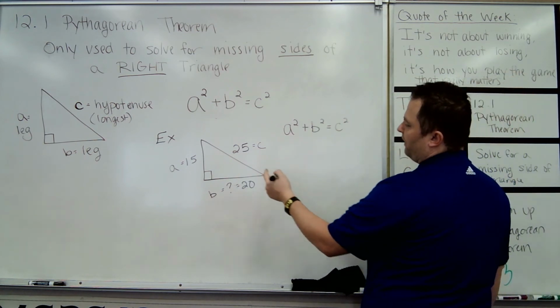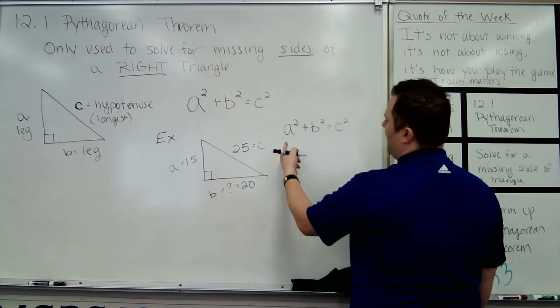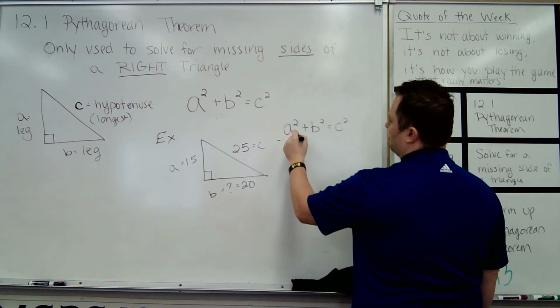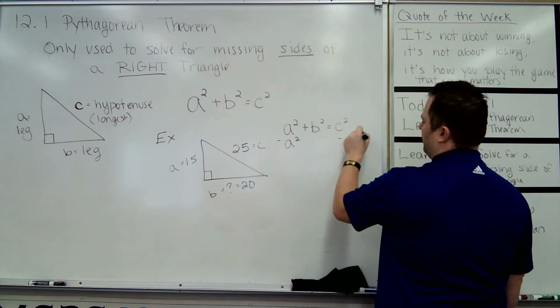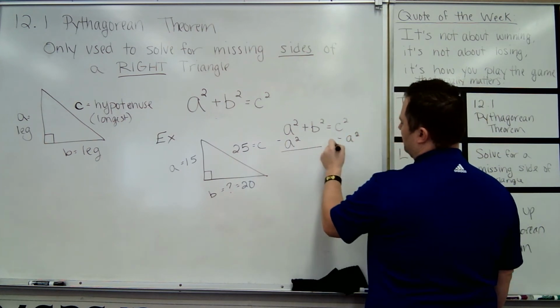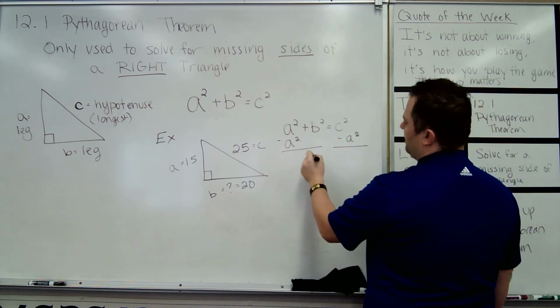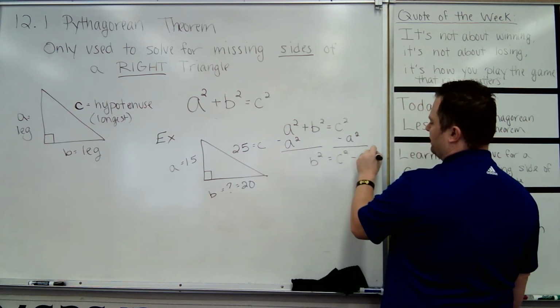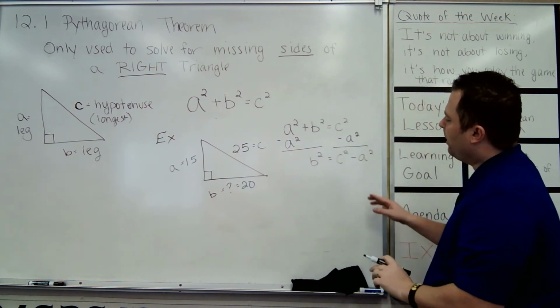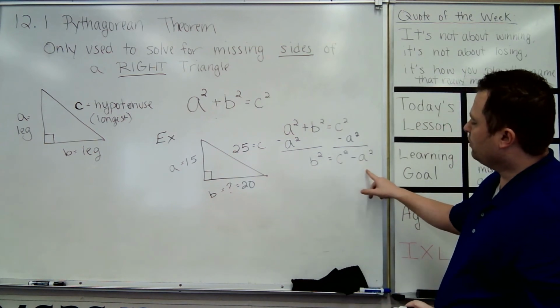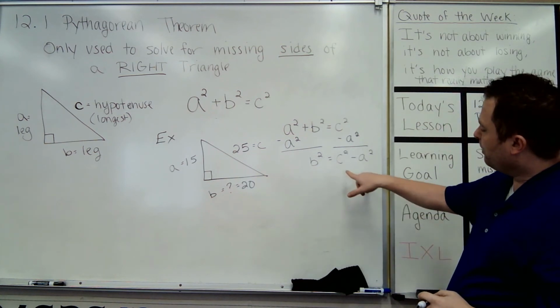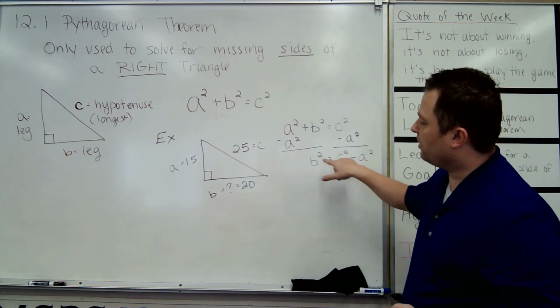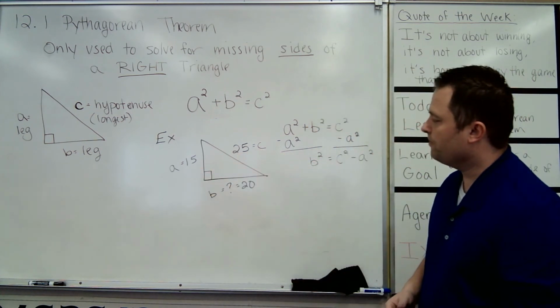So for example, if I know that I don't have the b, I could subtract the a squared here and subtract the a squared here, which would mean that b squared equals c squared minus a squared. You can see how we can modify this equation in the beginning, and then all we have to do is plug in our c and our a.